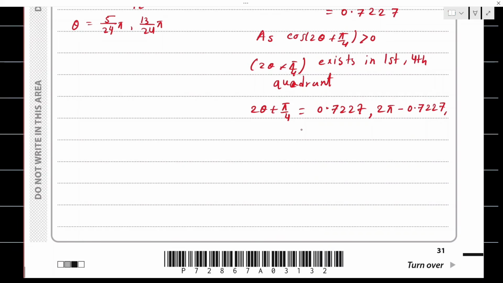And these are the values for our 2 theta plus pi by 4. So I can write that 2 theta will be equal to 0.7227 minus pi by 4, and we can write that 2 pi minus 0.7227 minus pi by 4 will be our other angle. From this I can find the value of theta.